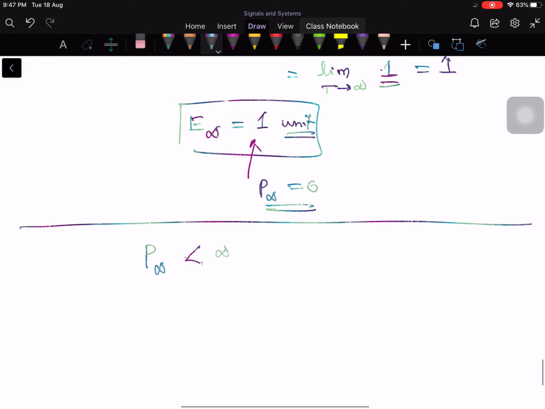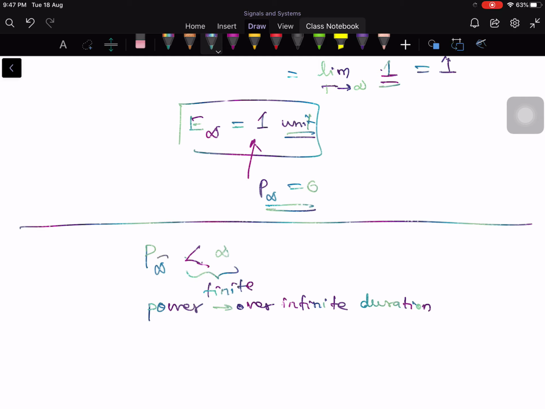So you are finding the power over infinite duration, and that power is finite, and this subscript indicates infinite duration. Please don't confuse the notations.